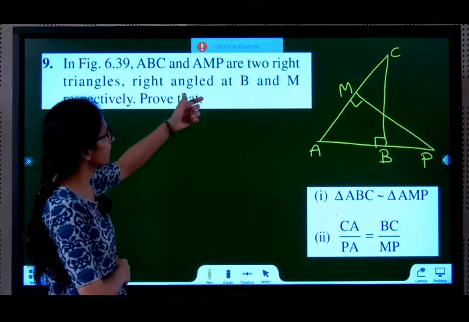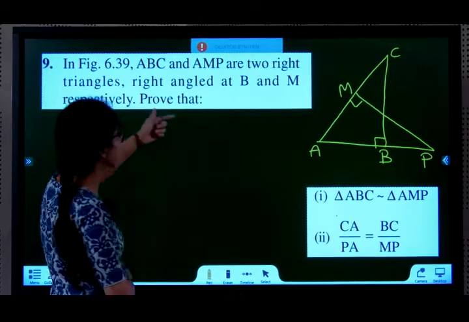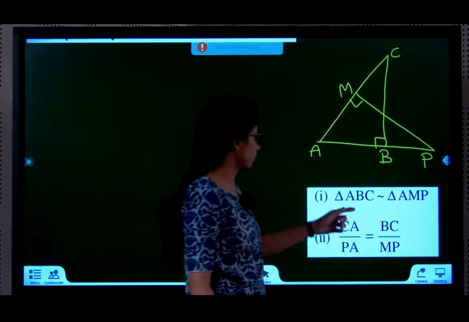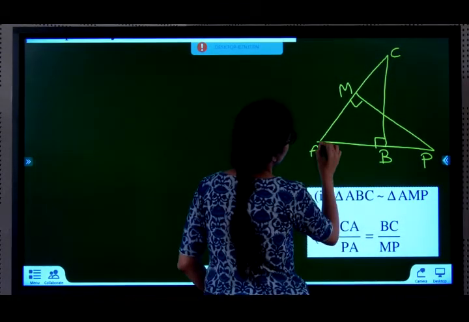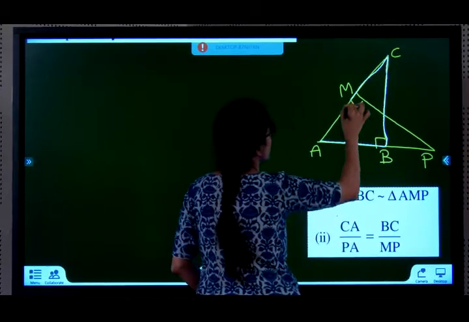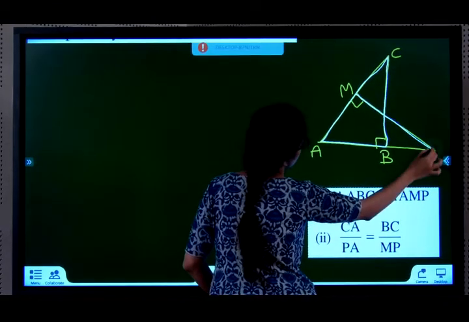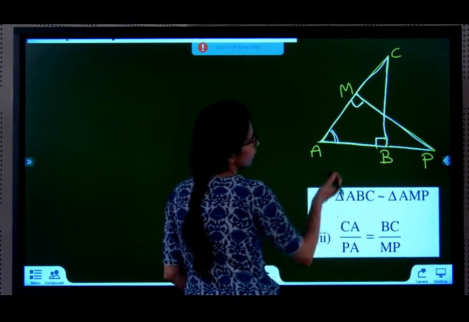In the figure, ABC and AMP are 2 right triangles, right angled at B and M respectively. Prove that ABC is similar to AMP. They've already marked the right angles. See, look here. You have a 90, and you have angle A common.